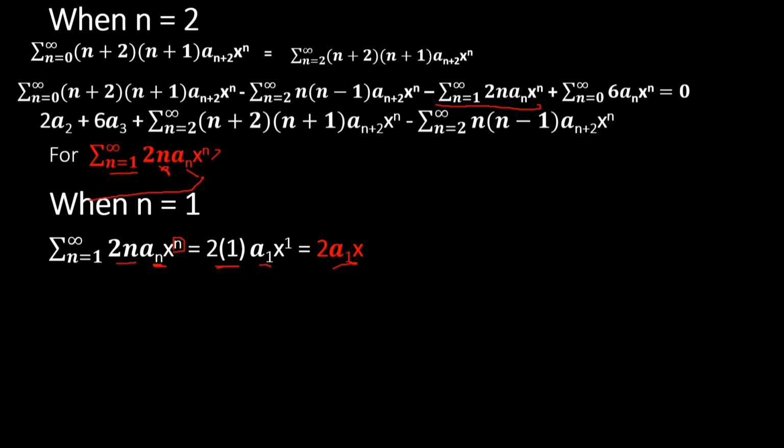That is, x to the power of a will just change to 1 here. So 2 times 1 will give me 2. The a subscript 1 still remains the same. And then x to the power of 1 will still give me x. x is the same thing as x to the power of 1.